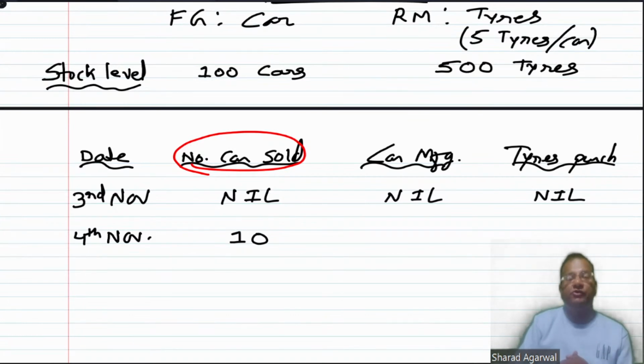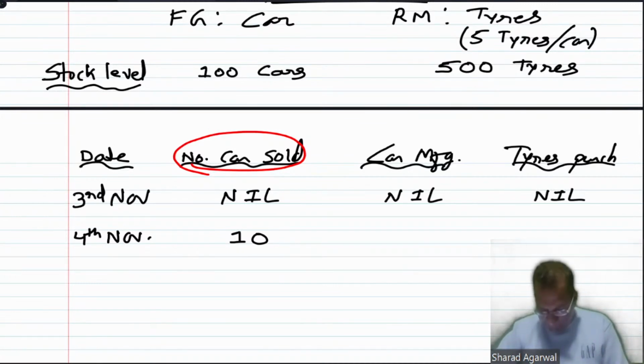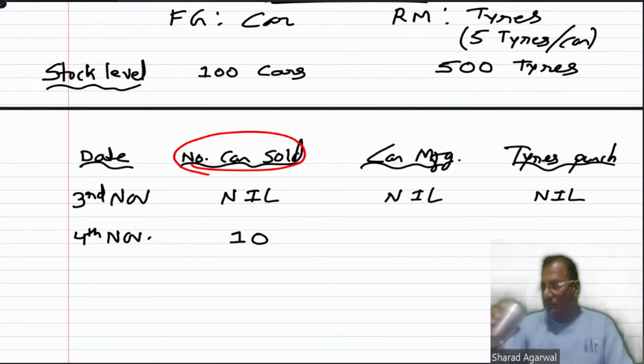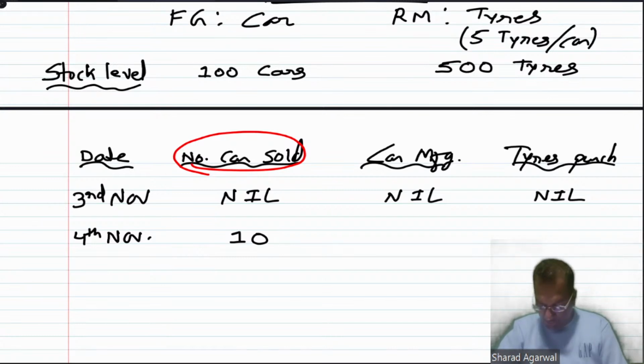My question to you is whether these 10 cars can be delivered to the customer instantly or they have to wait since we are operating on JIT system.